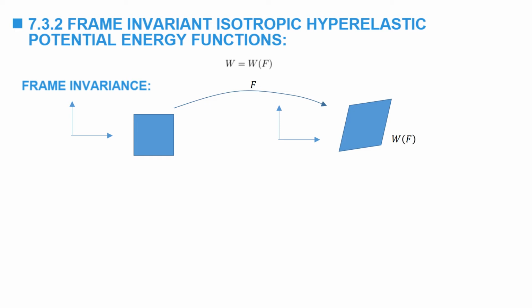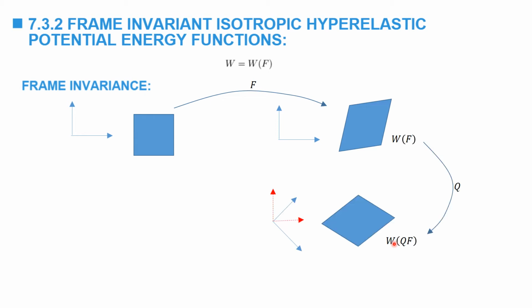Given a deformation described by the deformation gradient F, so this is the original or the reference configuration, and this is the deformed configuration, they are related by the deformation gradient F. The strain energy per unit reference configuration is equal to W as a function of F. If we choose a different coordinate system, then the energy could be a function of QF.